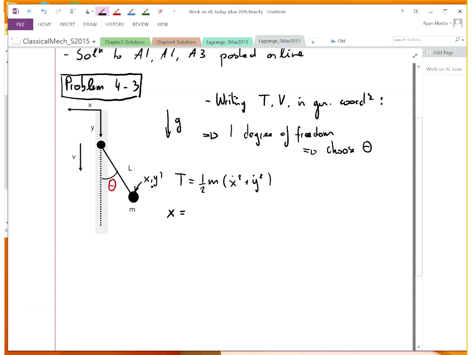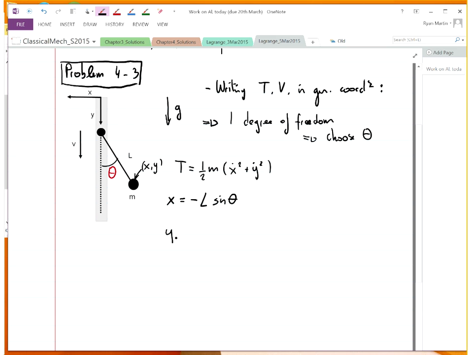The mass m has a position x and y, and we want to write those in terms of our generalized coordinates and things that we know. In this particular diagram, the x position of the pendulum is minus L sine theta. That one was pretty easy.